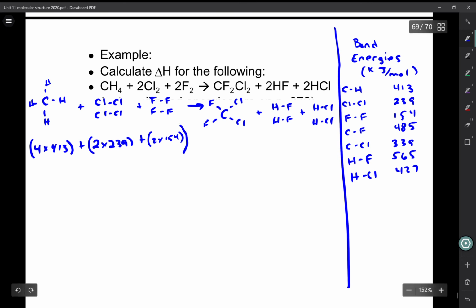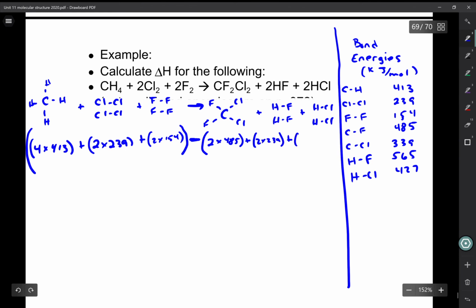Minus the products. We have 2 carbon-fluorine bonds, so 2 times CF, which is 485. Plus 2 CCl bonds, that's 239.